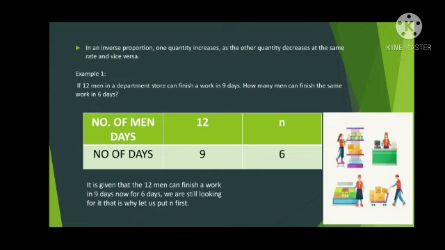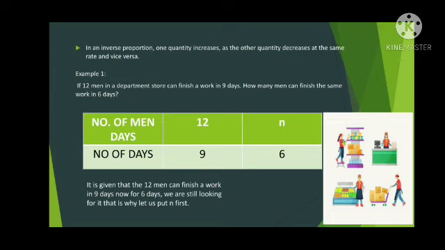So if we create a table of the number of men and the number of days, in our first column, the number of men is 12 and the number of days is 9. As you can see here, that is the ratio 12 is to 9.